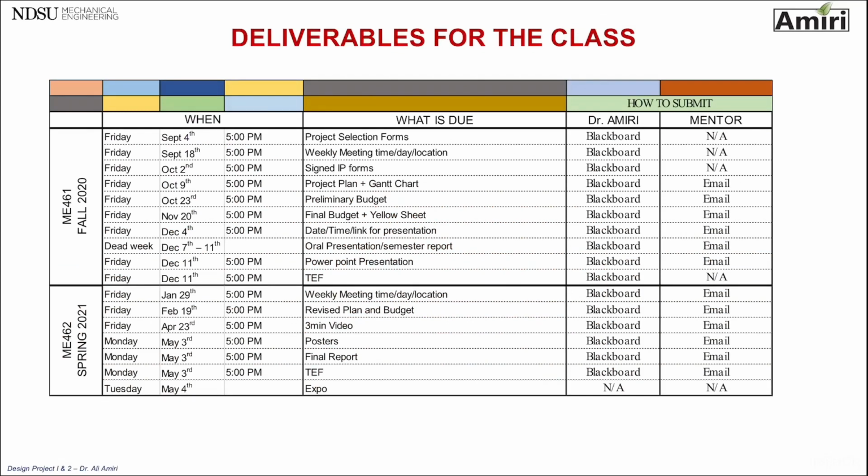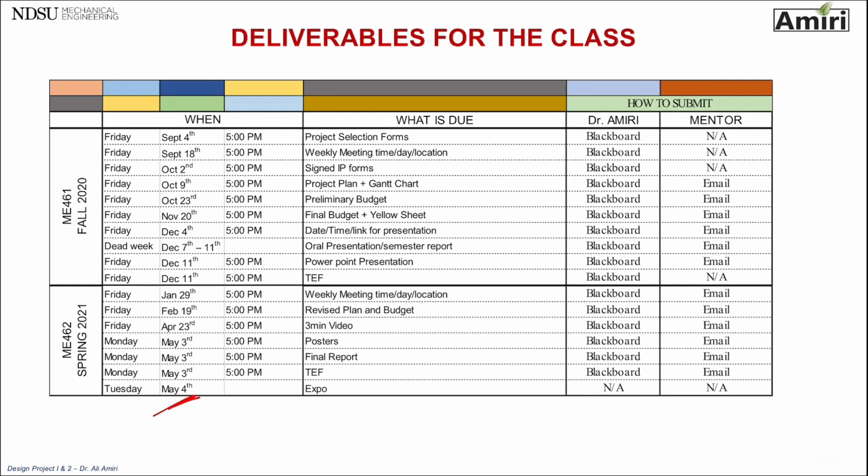So if you check this course syllabus, there is a table like this with all of the deliverable due dates all the way to May, end of next semester. All of them are due at 5 p.m. and they're all due on Blackboard for me.